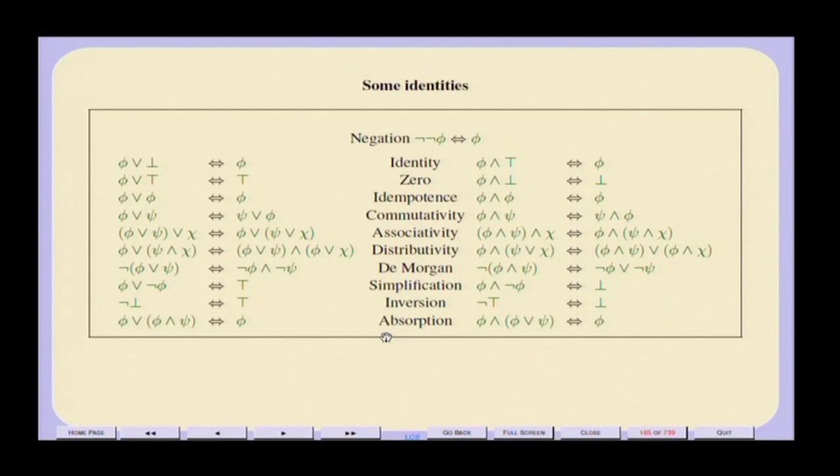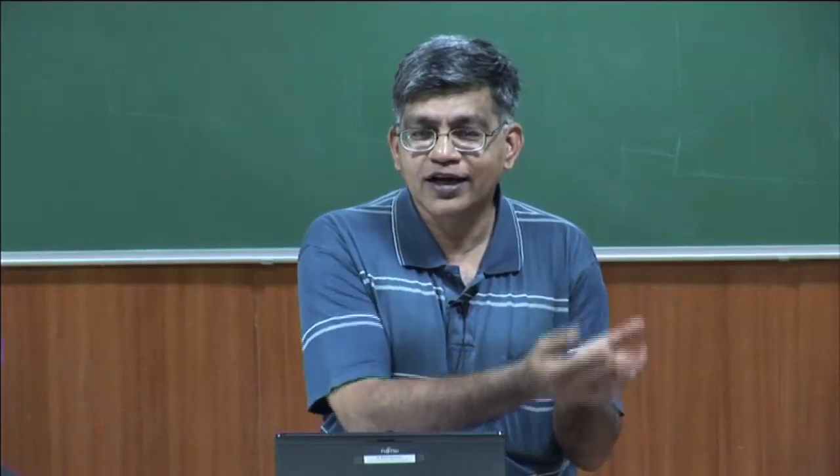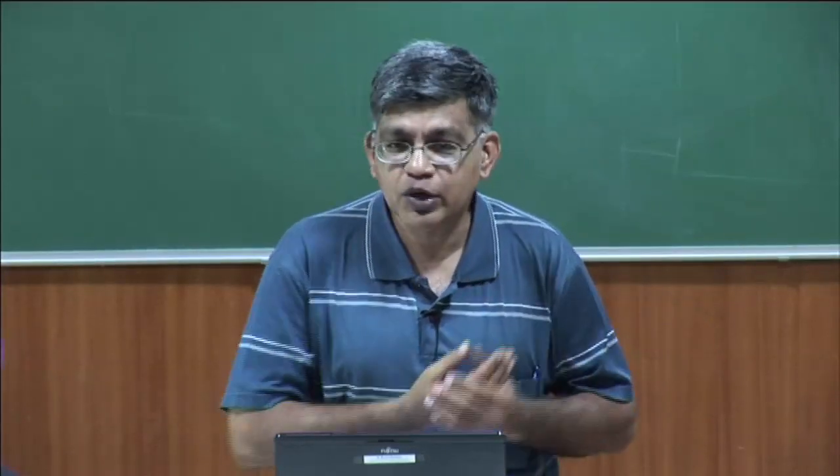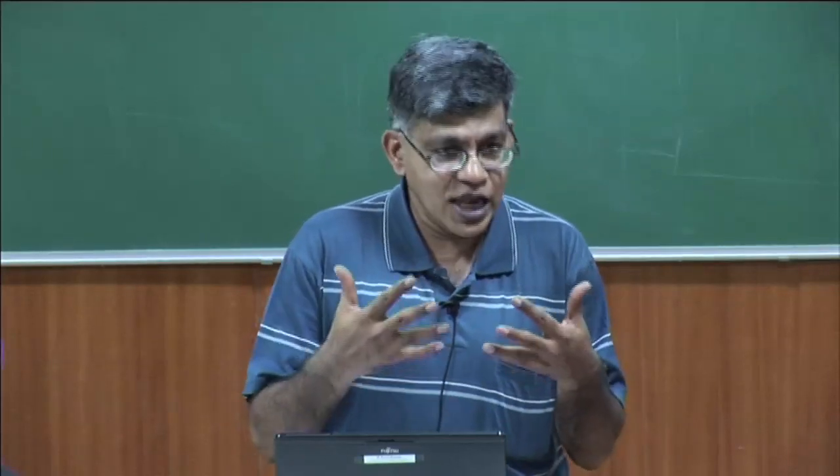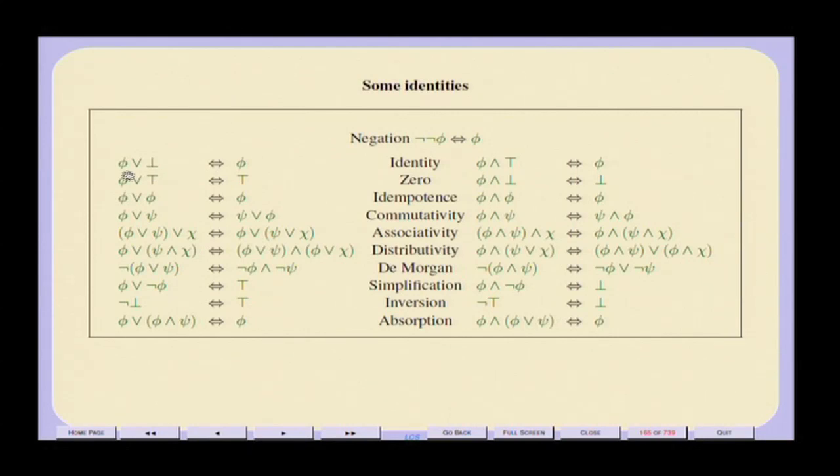essentially defining these identities. Actually most of them directly come from the equality relation on Boolean algebras, which is a typical example of a congruence, and these identities are essentially linguistic versions of those Boolean identities. So, for example, for any phi, phi or bottom is going to be equal to phi.